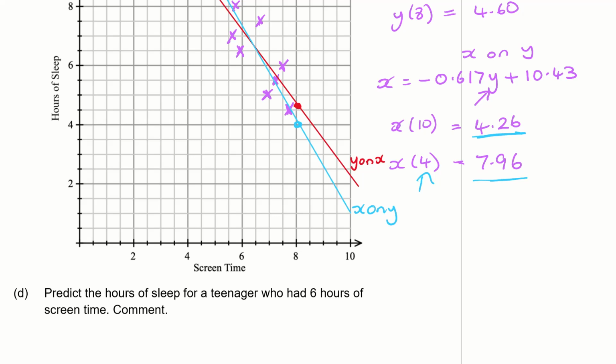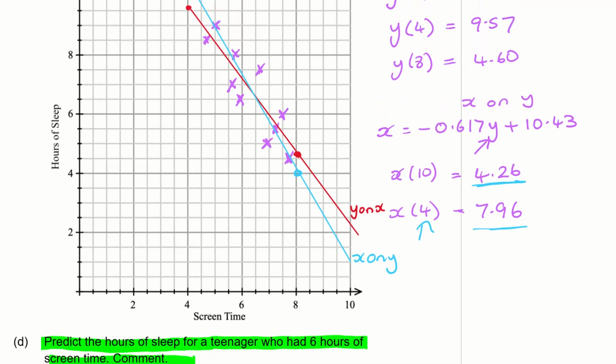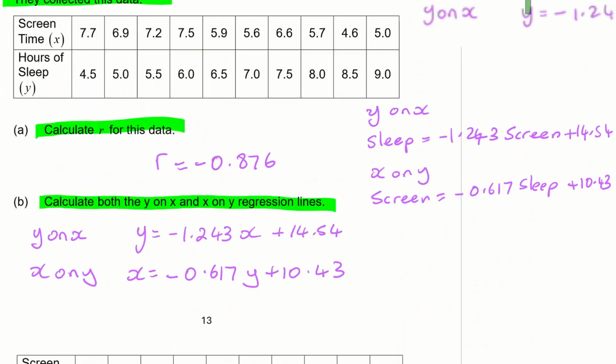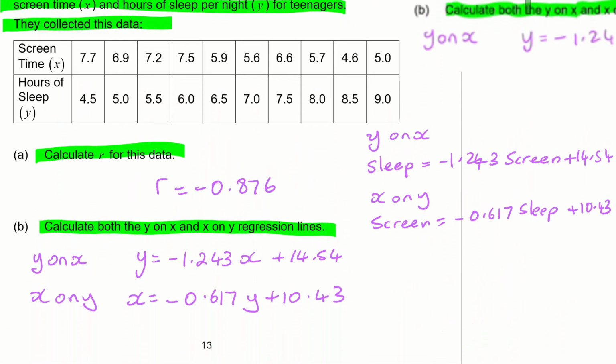Predict the hours of sleep for a teenager who had 6 hours of screen time and comment. Well, we're predicting hours of sleep from screen time, so we want to use y on x. Remember when I wrote it out in terms of the variables up here, sleep, screen.